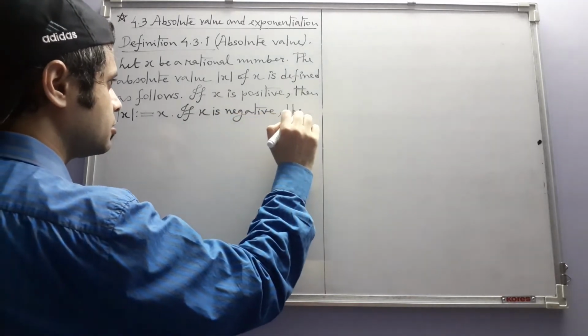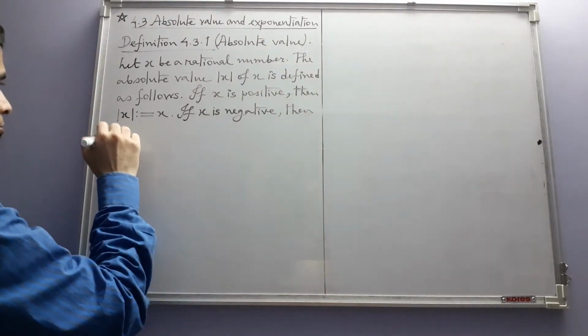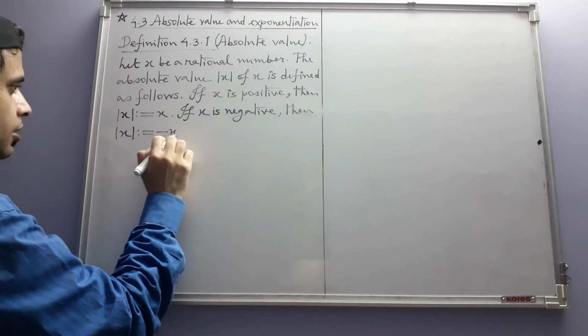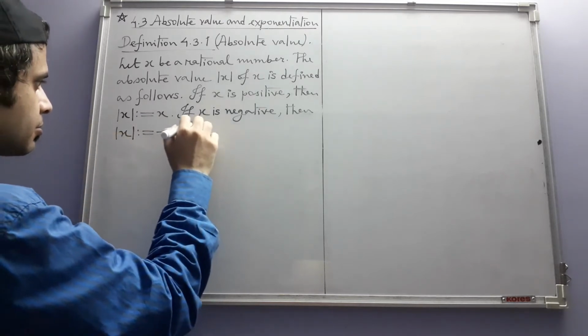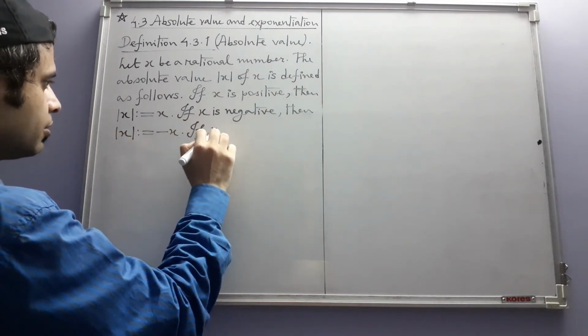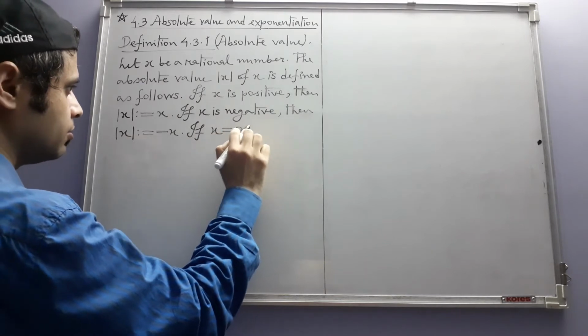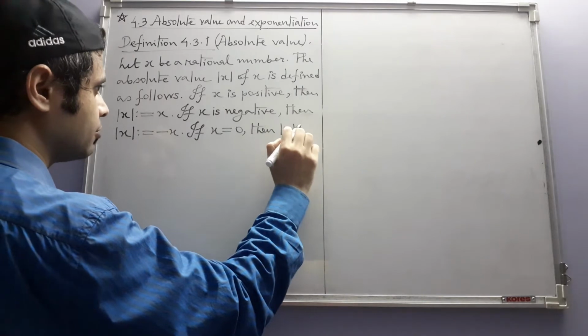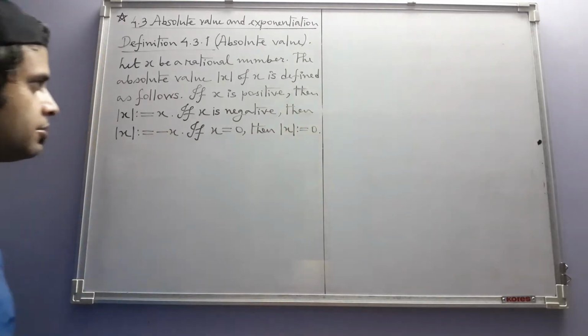If x is negative, then its absolute value is defined to be equal to minus x. And if x is 0, then the absolute value of x is defined to be equal to 0.